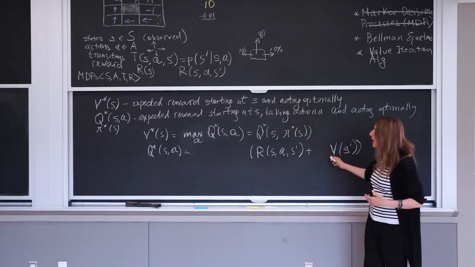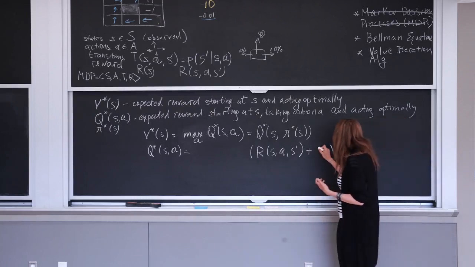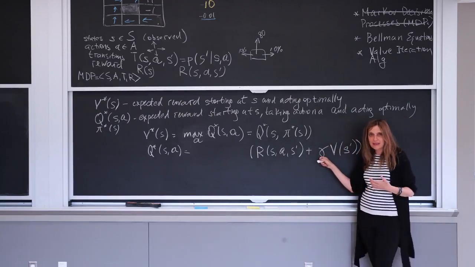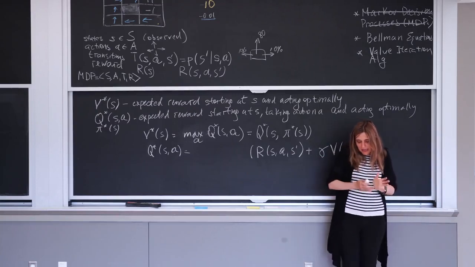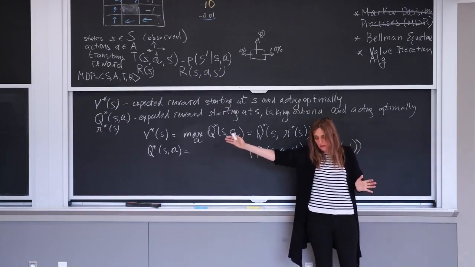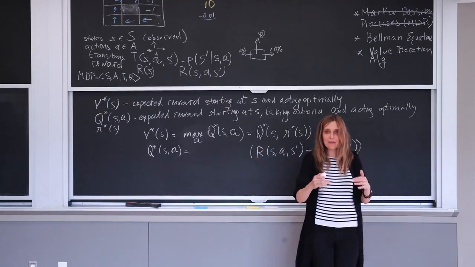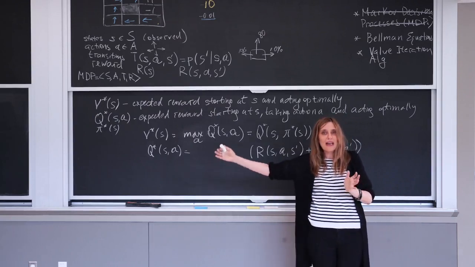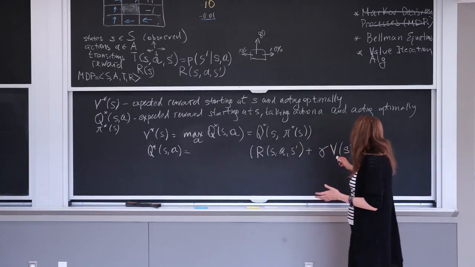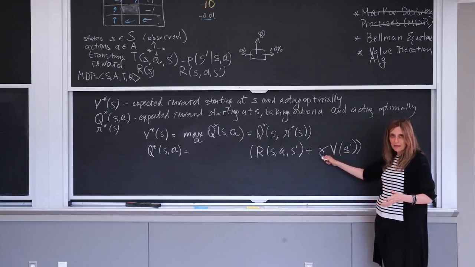That's why whatever we are going to collect from the state S prime, we will weigh by gamma, by the discounting. So again, we are taking our path from state S towards completion. We are stepping one step to state S prime, collecting the reward, and whatever you're going to collect is going to be determined by the value of state S prime weighted by gamma.